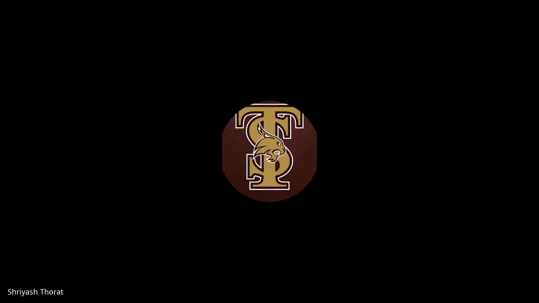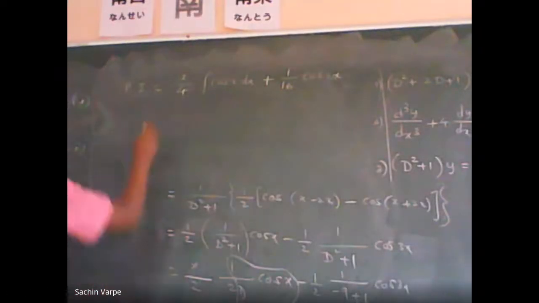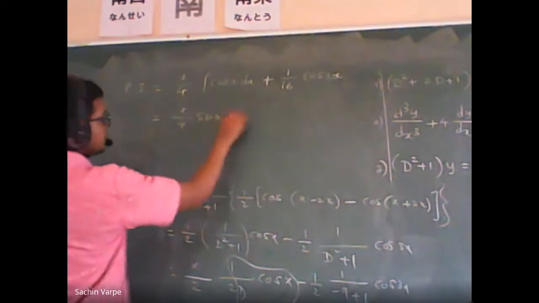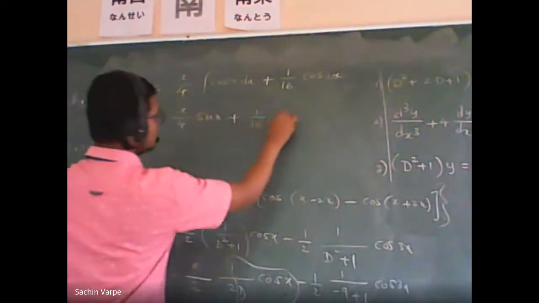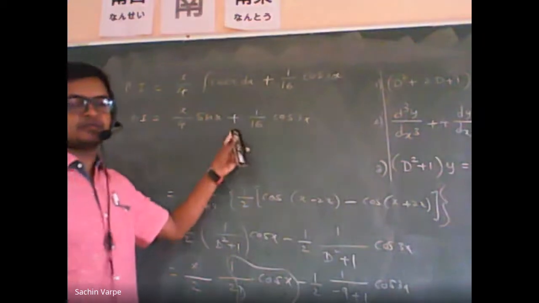Yes, sir. Okay. So x by 4 integration of cos x. What is the integration of cos x? Sin x plus 1 by 16 cos of 3x. All right. So this is our required particular integral. Check. D is not there anywhere in the final particular integral.